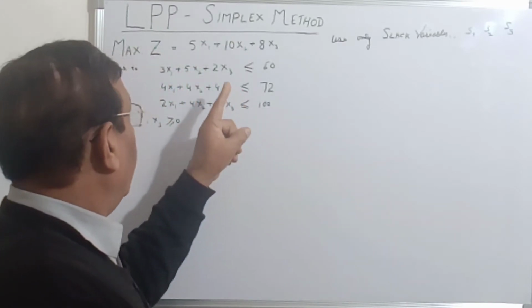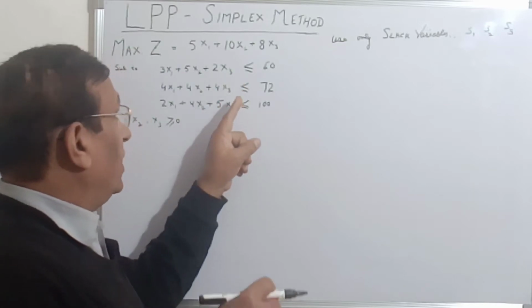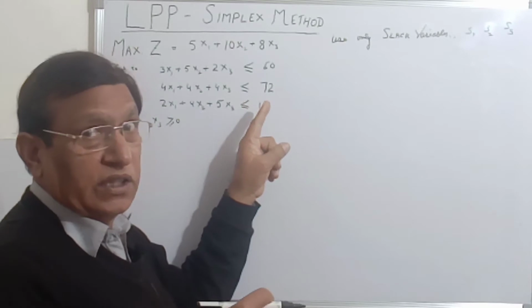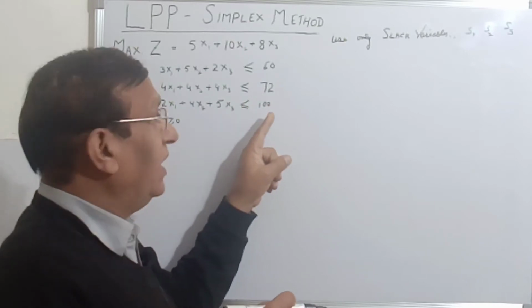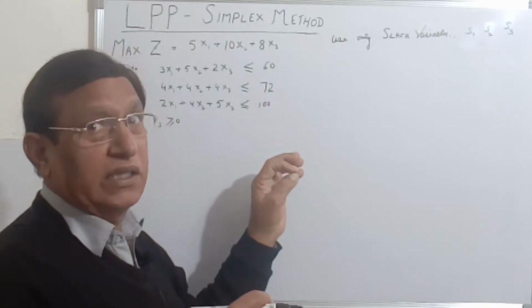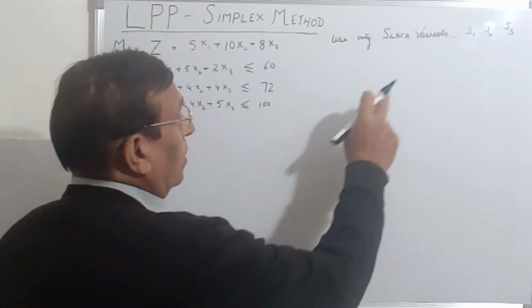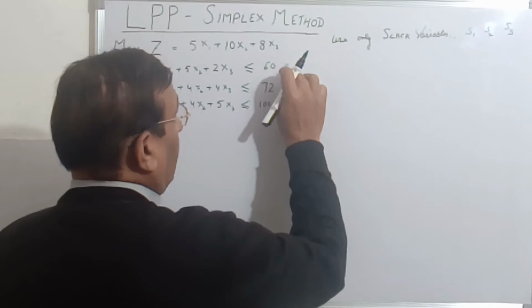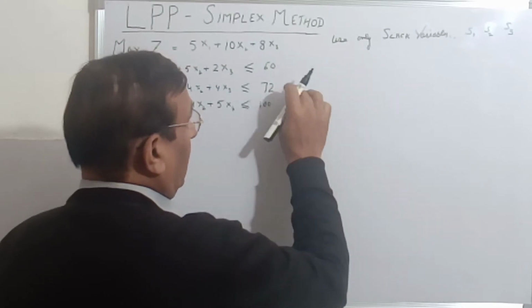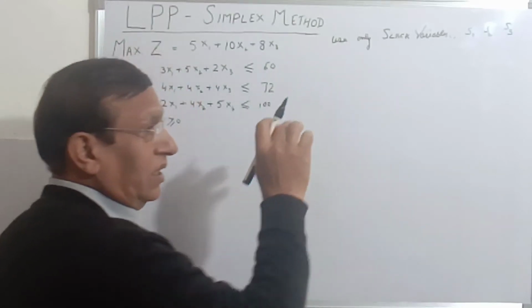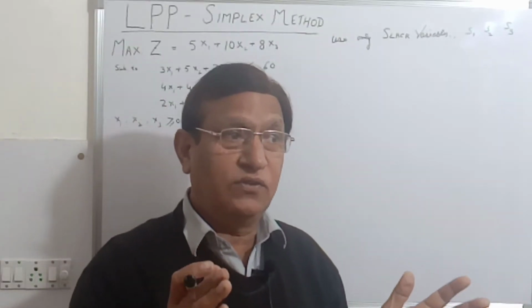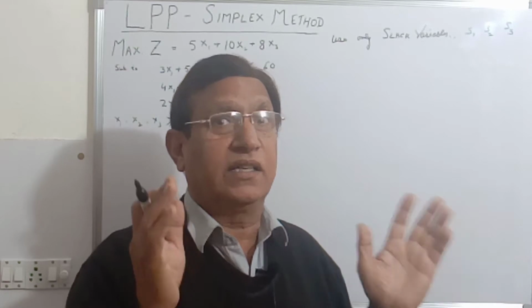And in equations, in inequalities, these variables are used with 1 coefficient in such a way that they form a unitary matrix. 1 coefficient, say S1 here only, S2 here only, S3 here only, with 1 coefficient, but in such a way that it forms a unitary matrix.